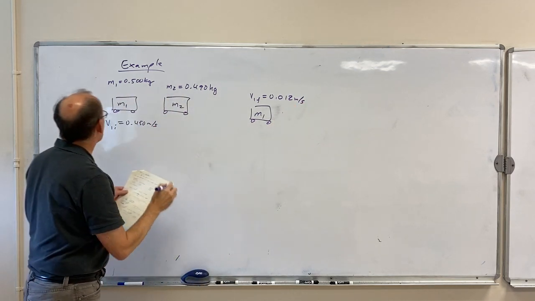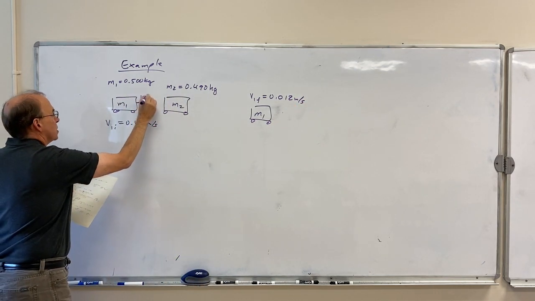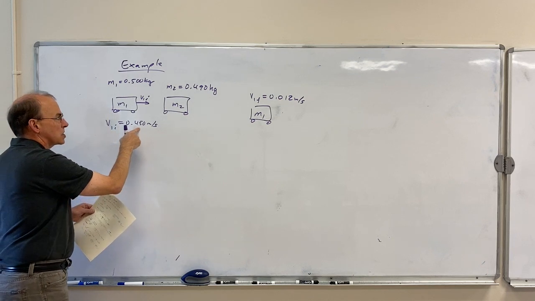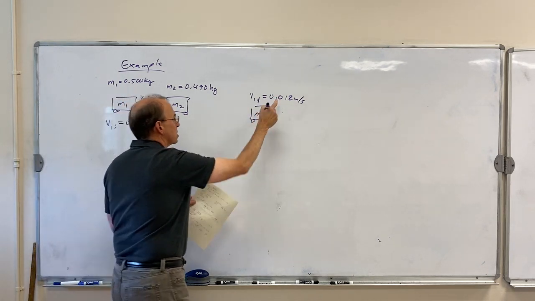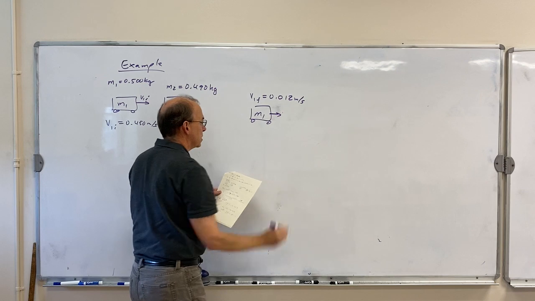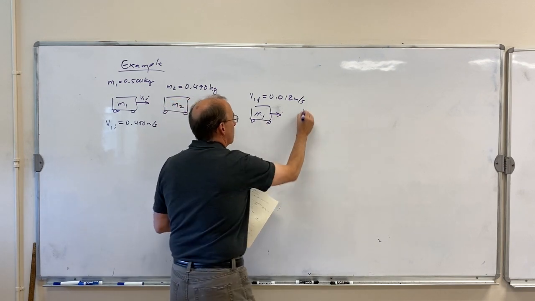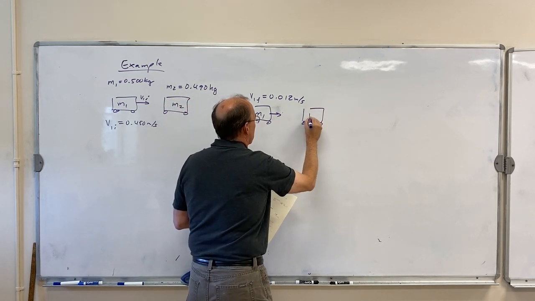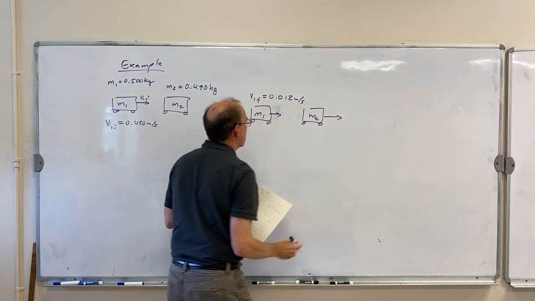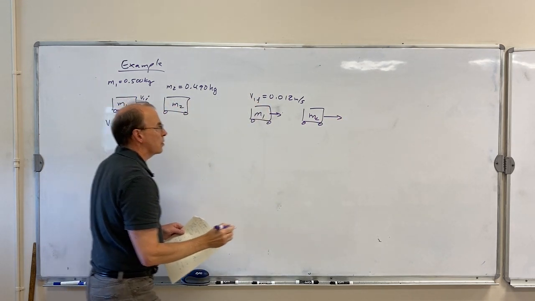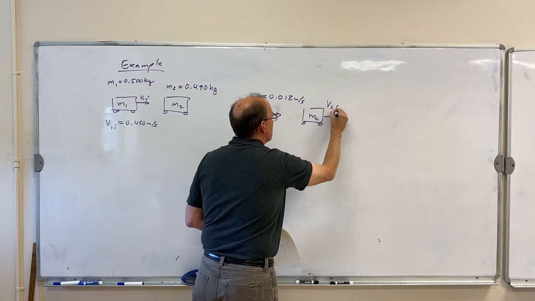It was moving with V1 initial of almost a half meter per second. Now it's going really slow, and we want to know the final velocity of M2, so we want to know V2 final.